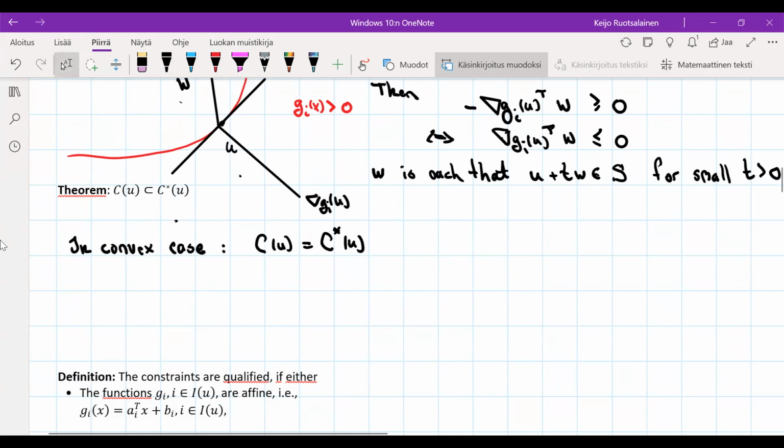Sorry? Where? In convex case. Sorry, I learned when I was a child to write the capital letter I in that way.